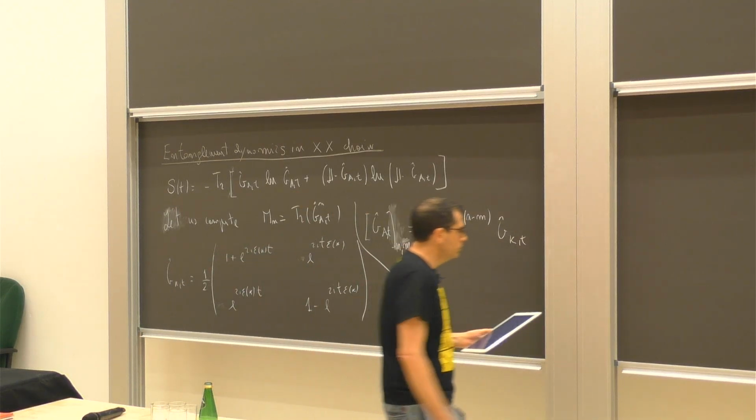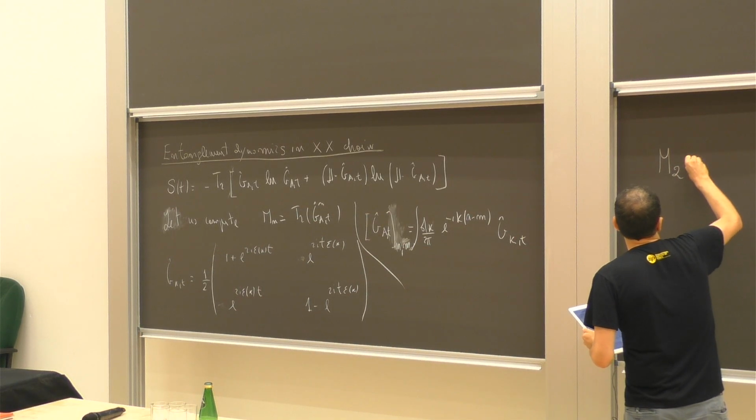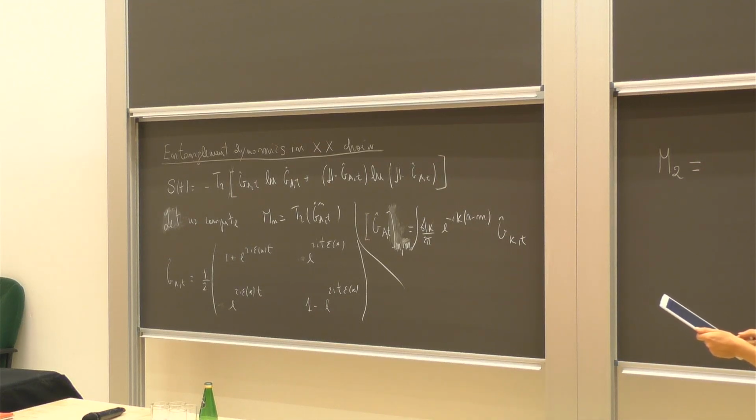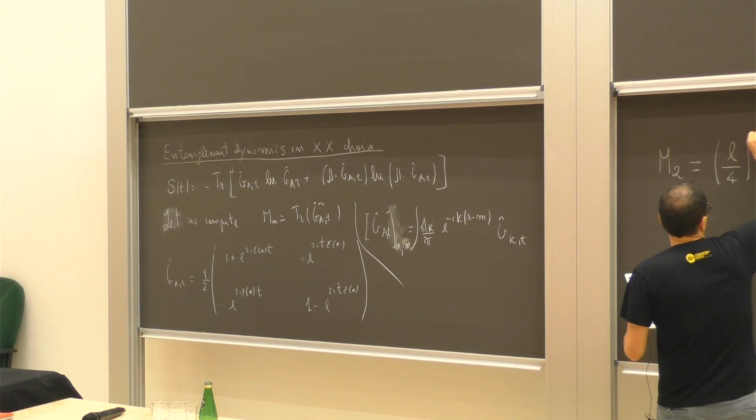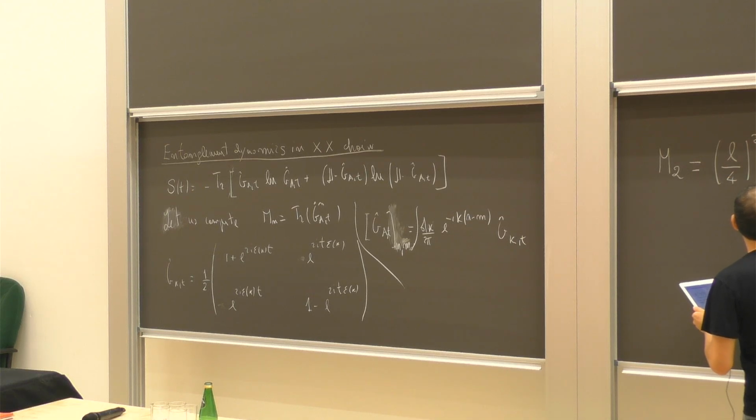So last time we arrived. We started with M2, the second moment of G_A. And we wrote M2 in this form: L over 4 squared, integral dk1 over 2 pi, dk2 over 2 pi. Then we have an integral over some auxiliary variables xi1, xi2 from minus 1 to 1, e to the minus i L (xi1 minus xi2)(k1 minus k2)/2.